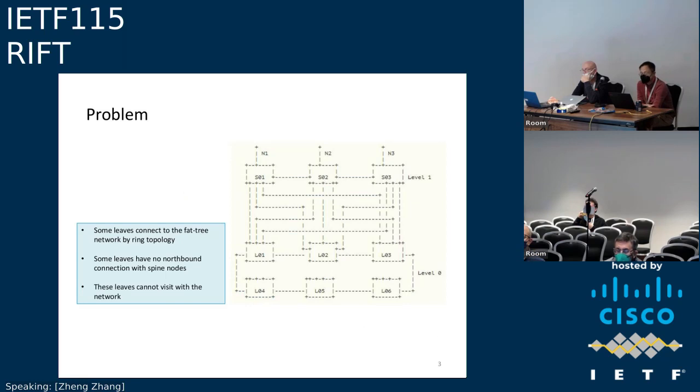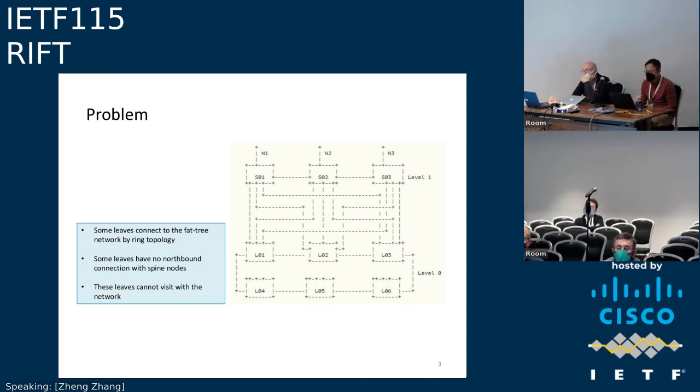This figure is the leaf part of the network. We know in typical Rift protocol, every leaf node has northbound connection with spine node. In case a leaf node lost all the northbound connection, it can still access the network by east-west neighbor leaf node. But in this deployment, some leaf nodes never have northbound connection, and their east-west neighbors don't have northbound connection either.